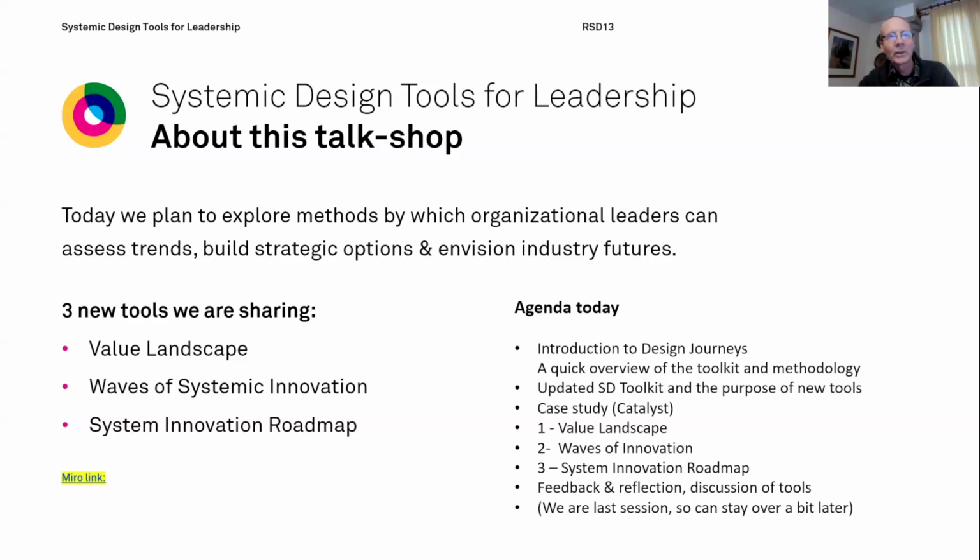These are methods that organizational leaders might use to assess trends, build strategies by understanding the strategic options over the timeframes of innovation, and envision changes to industry, not just the impact of a product service system or the impact in a local ecosystem, for example from a municipality, but larger scale impacts, which we've adapted other tools in the past to express.